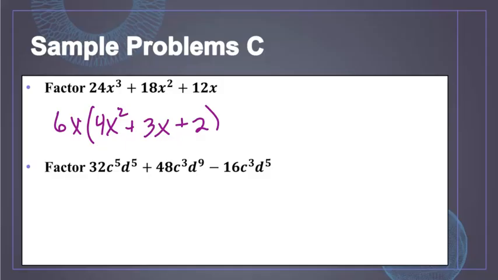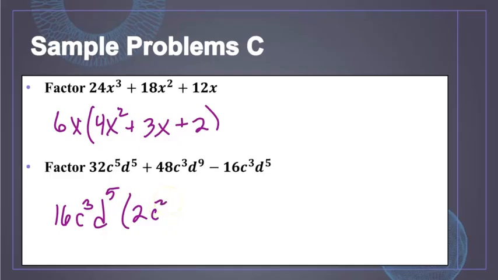And our last one, 32, 48, and 16. The biggest number I can factor out is 16. They all 3 have a c, so it would be c cubed. They all have a d, and the most I can take out of all of them would be d to the 5th. 32 divided by 16 would be 2. C to the 5th divided by c cubed would be c squared.